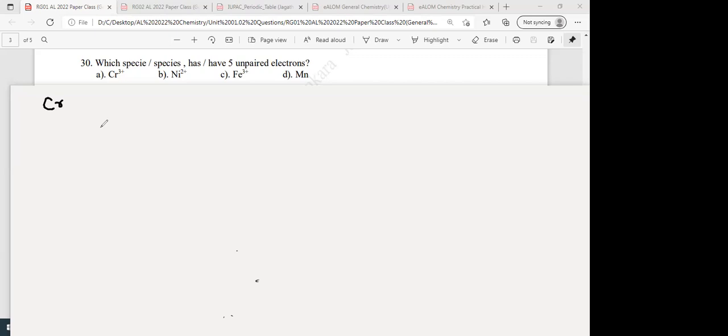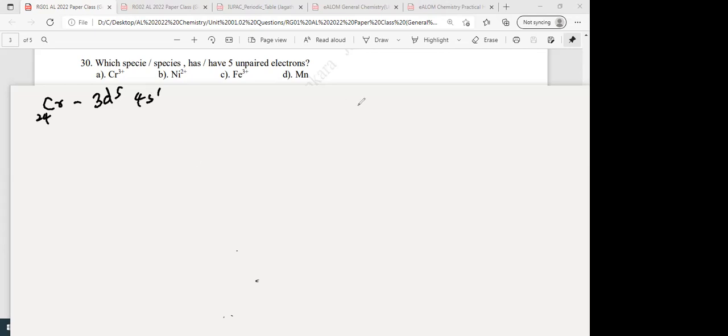Okay, if you take chromium, atomic number 24, right? So you get 3d5 4s1. Only the outermost I will write: 3d5 4s1 for chromium.